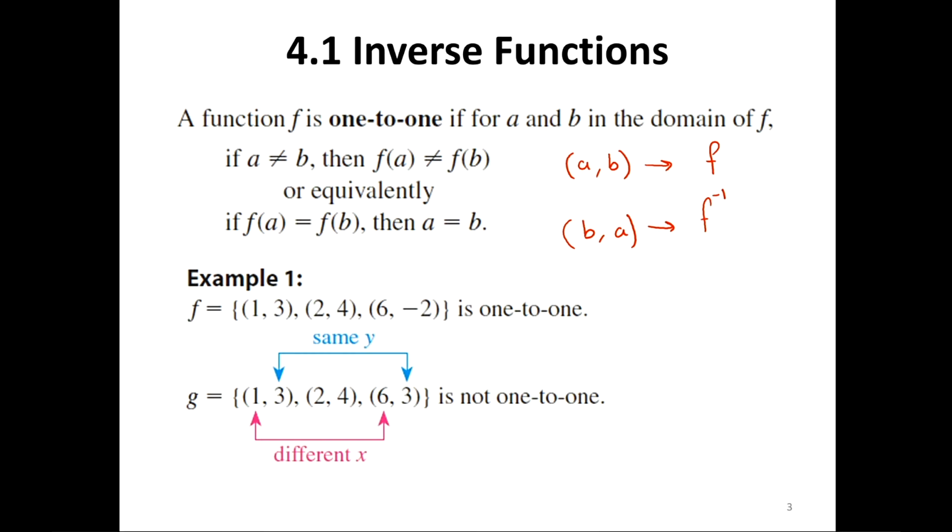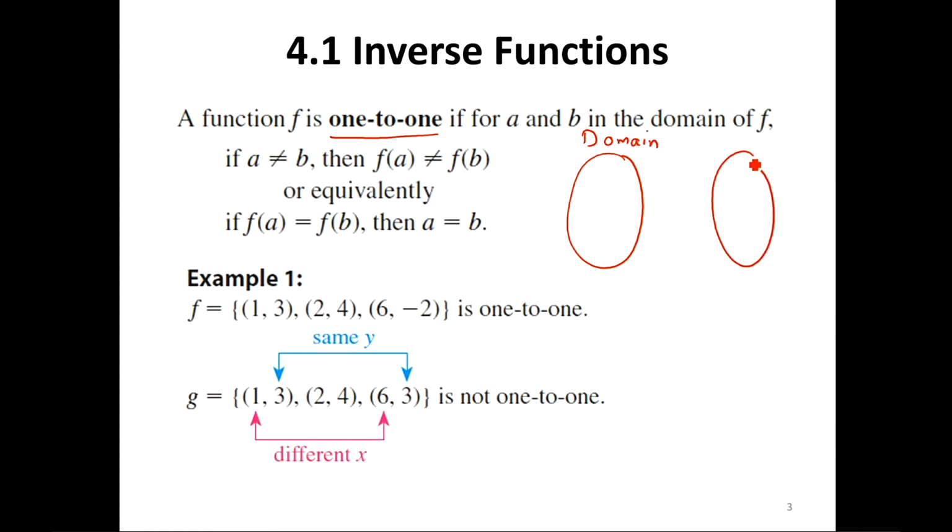Firstly, before starting with inverse, we have a main condition to find the inverse. This is one-to-one function. For a one-to-one function, this is the domain, this is the range.